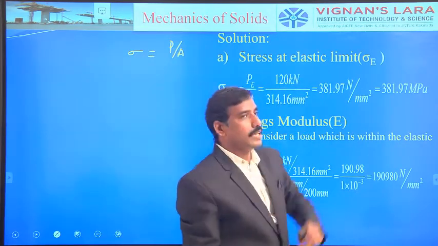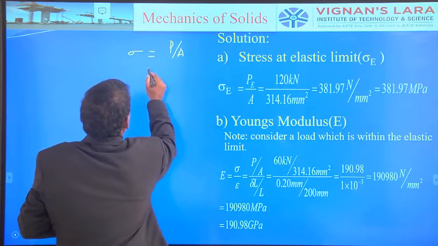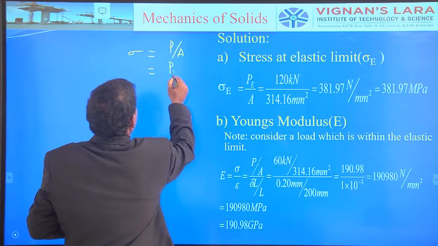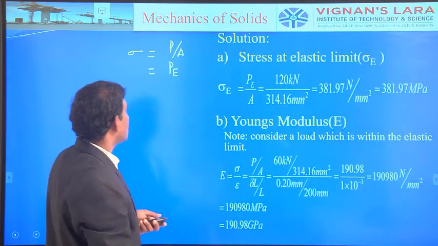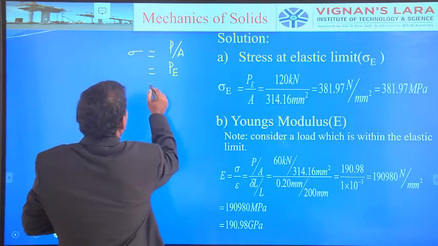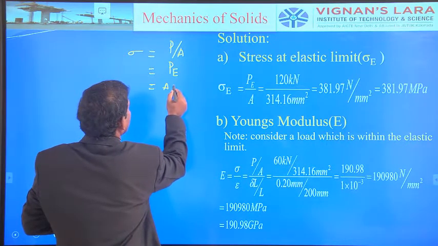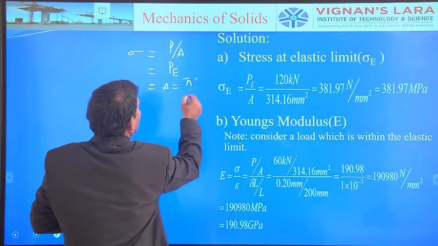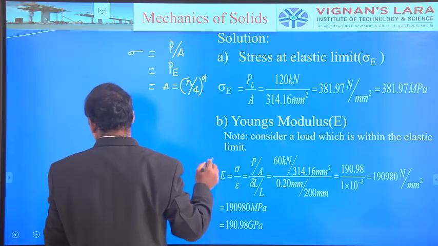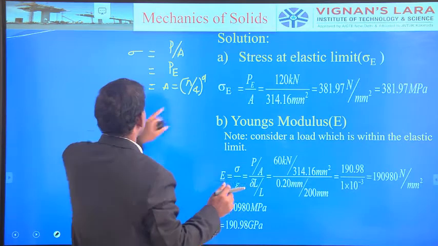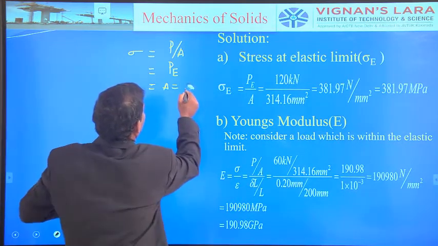Stress at elastic limit: the load at elastic limit is represented as PE. And what is the cross-sectional area? We know that area is equal to pi by 4 d square.